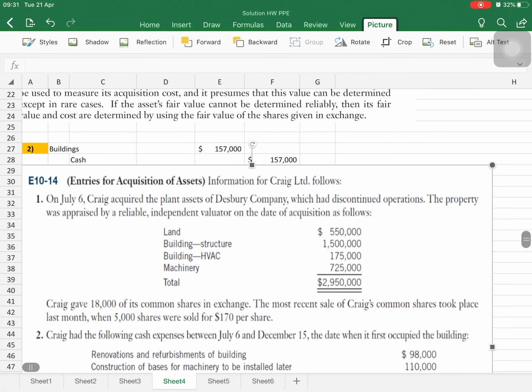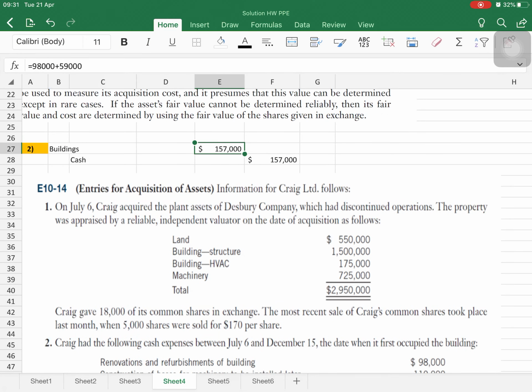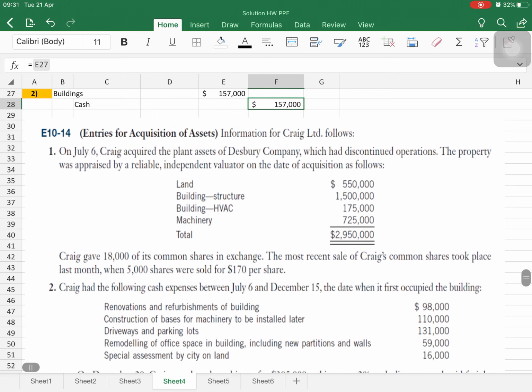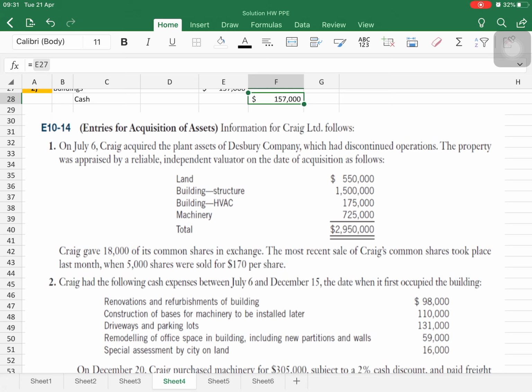Okay, how do you record the journal entries? So you record building 157,000 on debit and cash 157,000. This is how you get this number: from building renovation 98,000 plus 59,000.